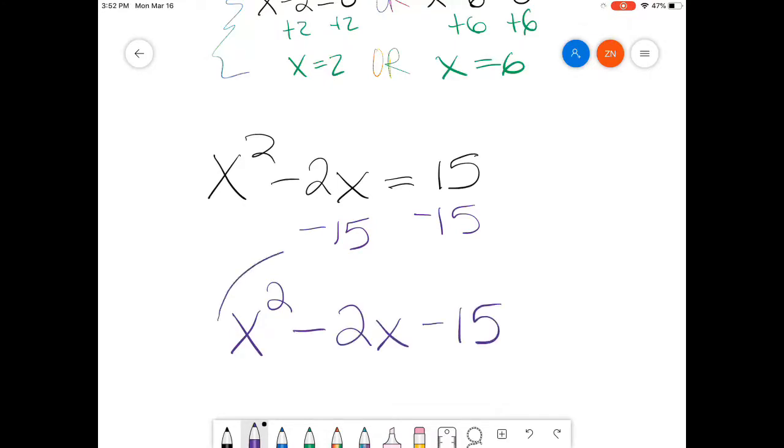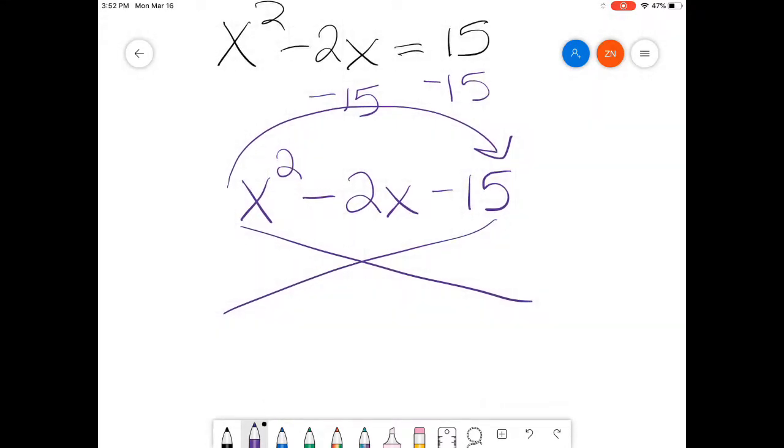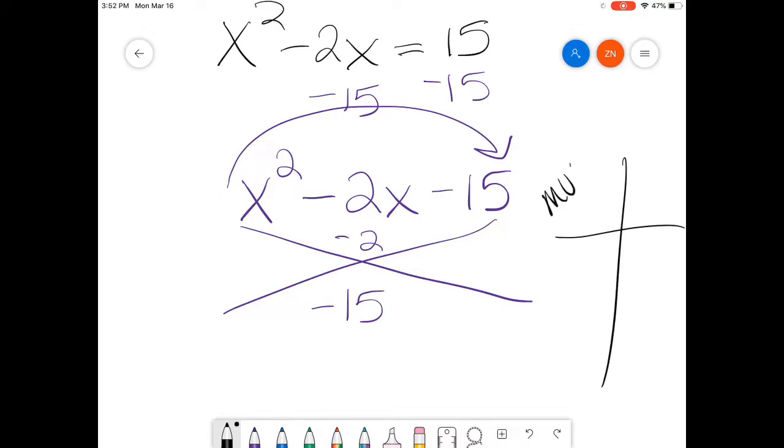Umbrella man, multiply a times c, drop down b. So a times c would be a negative 15, drop down b. Two negative numbers. So you're going to find, how do I multiply to get negative 15, but add to get negative 2? This will be tricky.